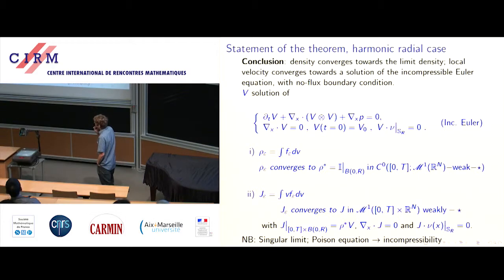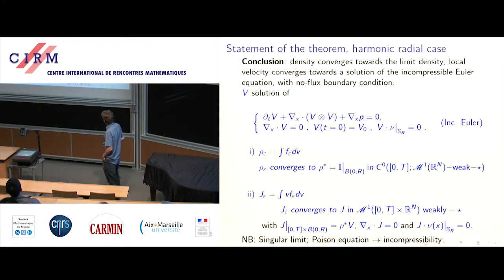And now, what is the statement of the theorem? The statement of the theorem is what we could hope for. This is the incompressible Euler equation that you can probably recognize here: the incompressibility equation, and this is the no flux boundary condition. In this case, I'm stating it in the harmonic and isotropic case, so my domain is just a ball, and the boundary of the domain is a sphere.